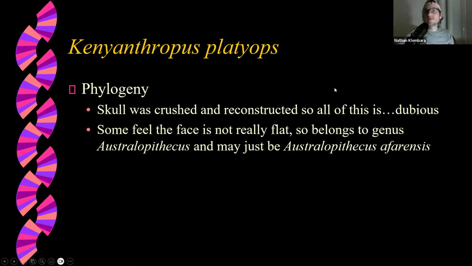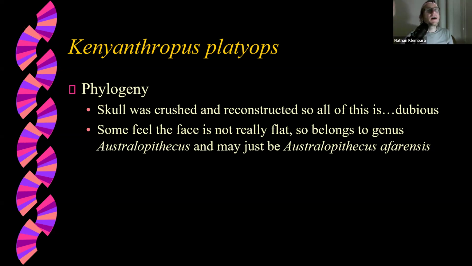So like we saw with Sahelanthropus, this guy also had to be reconstructed, and so that creates a lot of debate. If you reconstruct the face in one way, it looks really, really flat, which makes it very different. But if you use a different computer algorithm, a different type of reconstruction, and it pops out a little bit, all of a sudden the Kenyanthropus skull looks really prognathic.